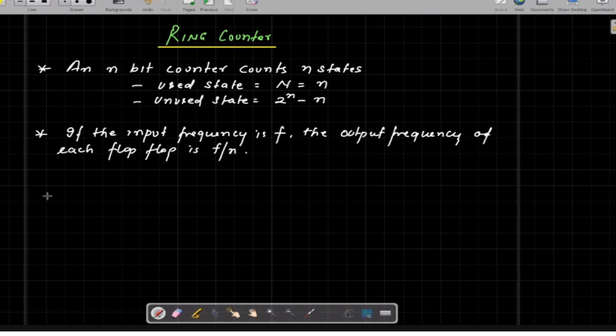Yes, we have already seen this thing. That's why we call these counters modulo-n counters.